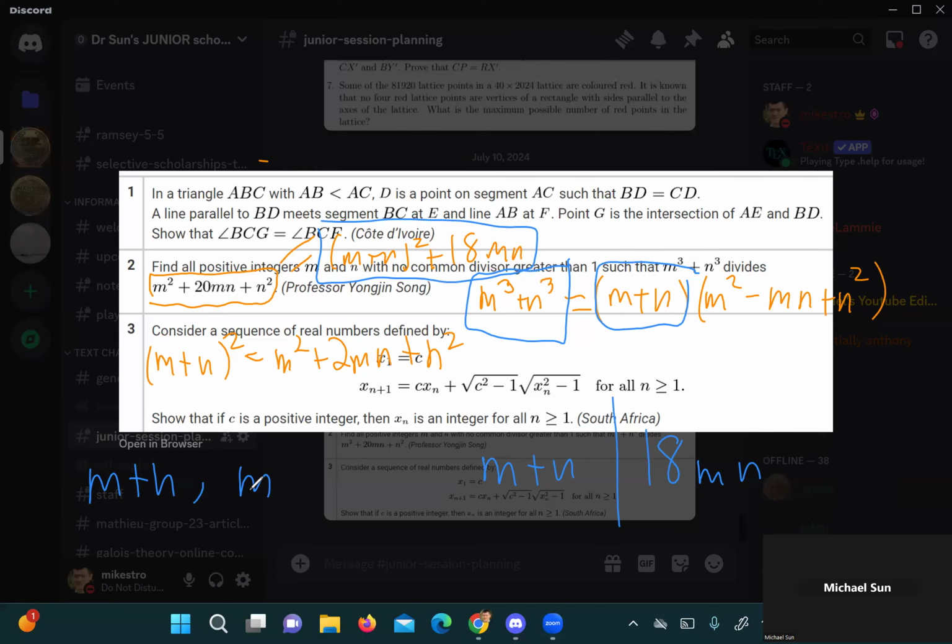Does that make sense, the question? Can m plus n and m have common factors? And what's the reason for the answer as well?